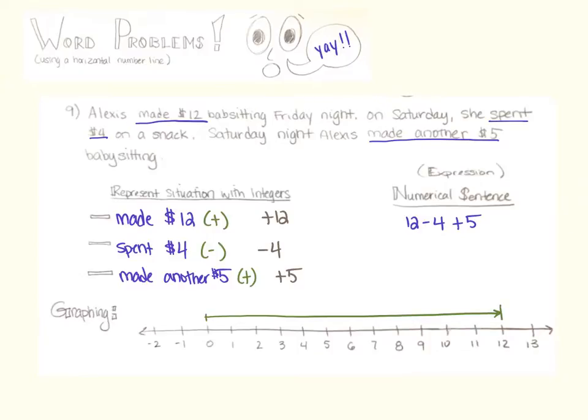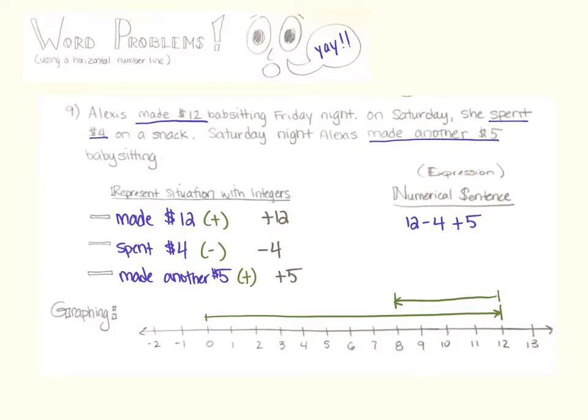Now we're going to show minus 4. Well, remember which direction means subtraction? It means left. So starting at 12, we're going to minus 4. And that takes us to 8.